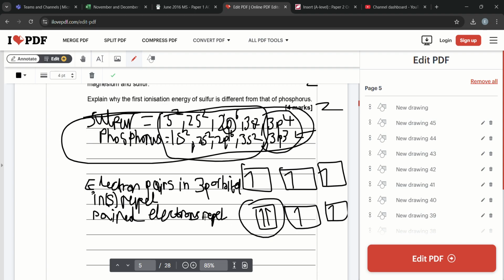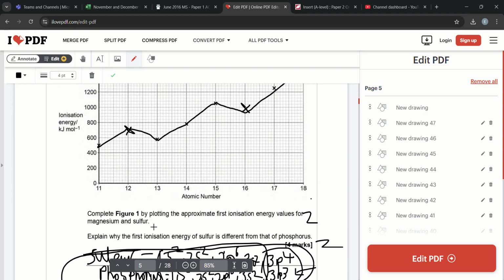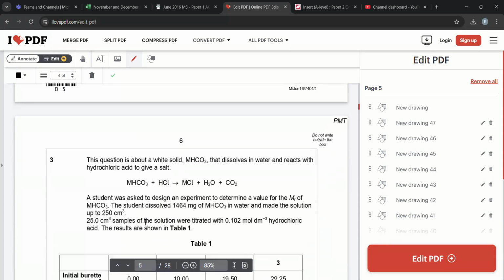And what does that mean? Hence, less energy is needed to remove the electrons. Hence, the first ionization energy of sulfur is different from that of phosphorus. And that is the end of question 2.